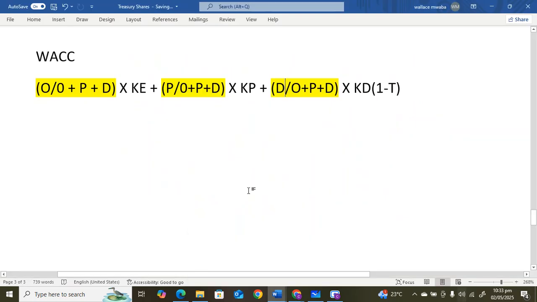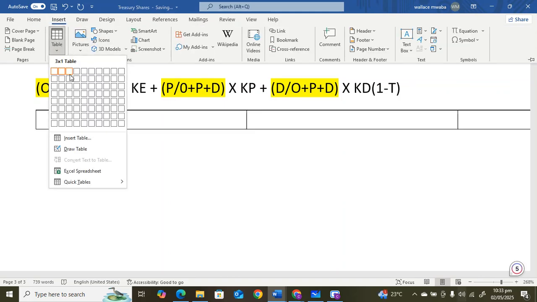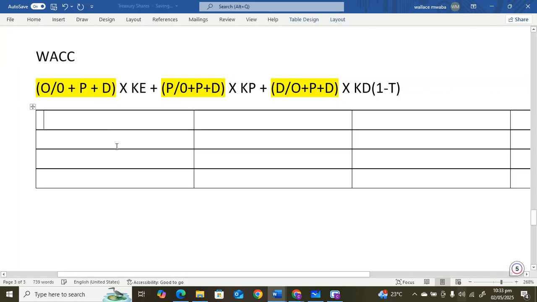Let me put it like this here. Ordinary share capital, 10,000.